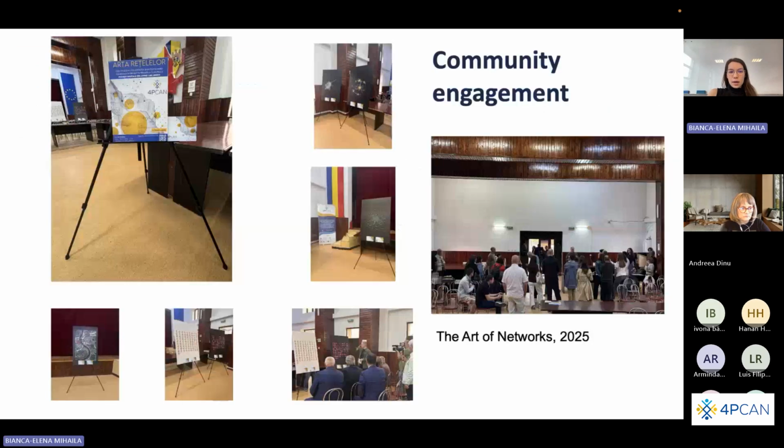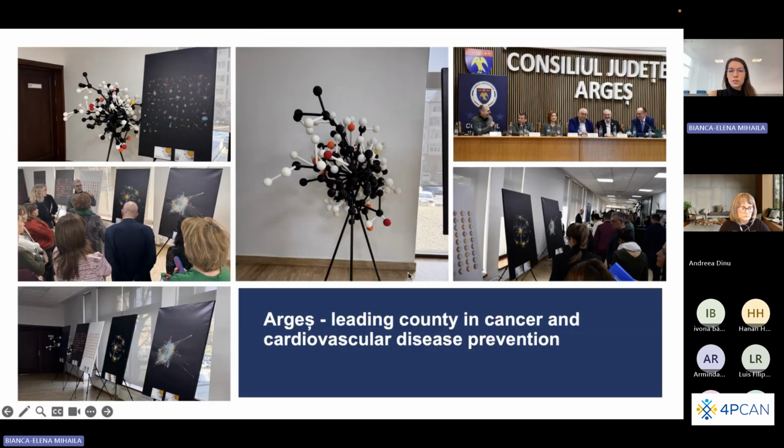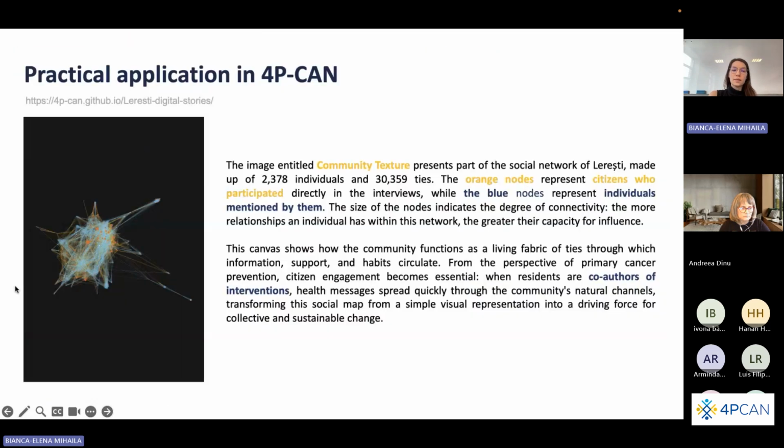You saw some pictures in here. If you are interested in more details related to the pictures and how they can be interpreted, you can access our GitHub account, Lerești Digital Stories, and see the stories behind the data.